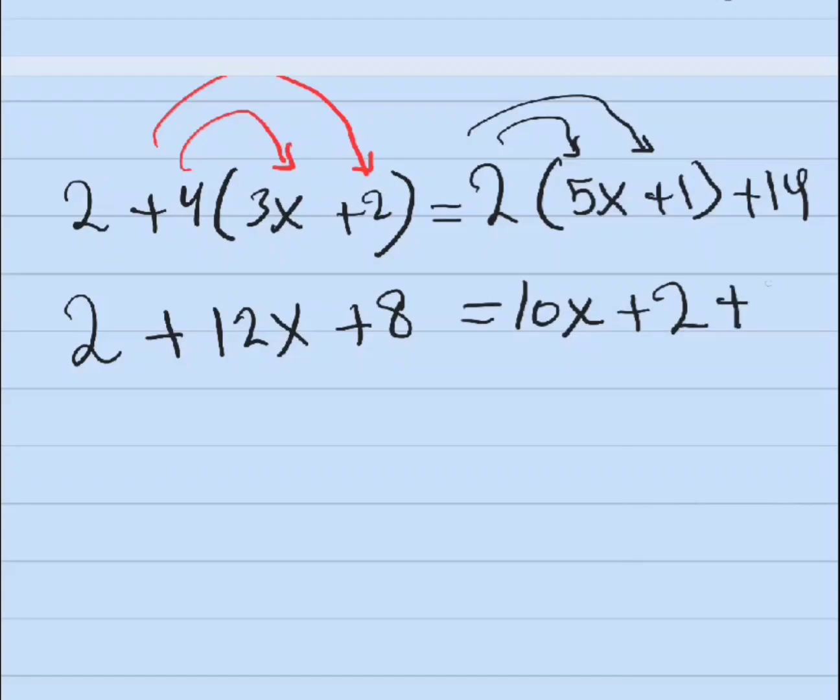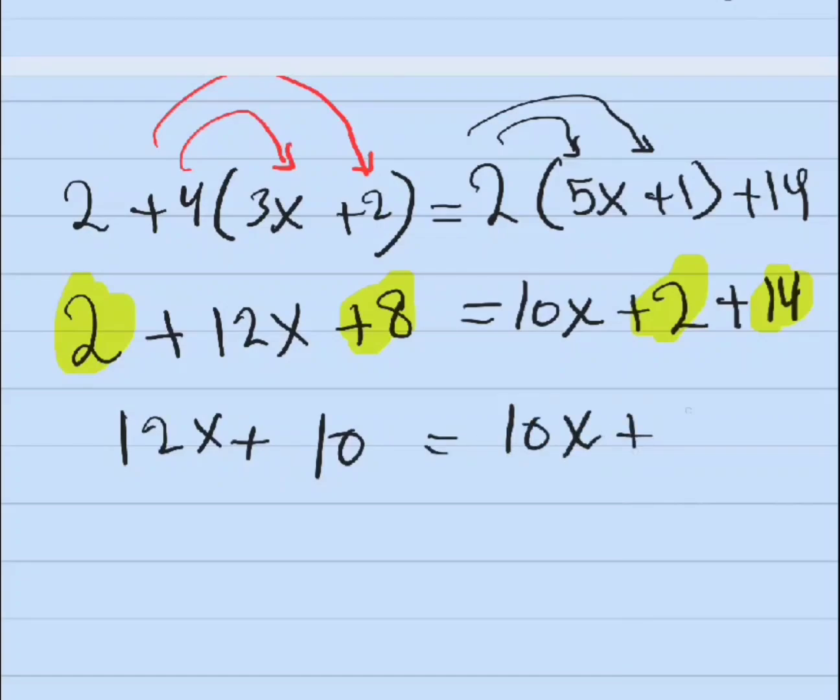Now let's combine like terms. On the left side, we can combine 2 and 8. On the right side, 2 and 14. Now 2 plus 8 adds up to 10. And 2 plus 14 is 16.